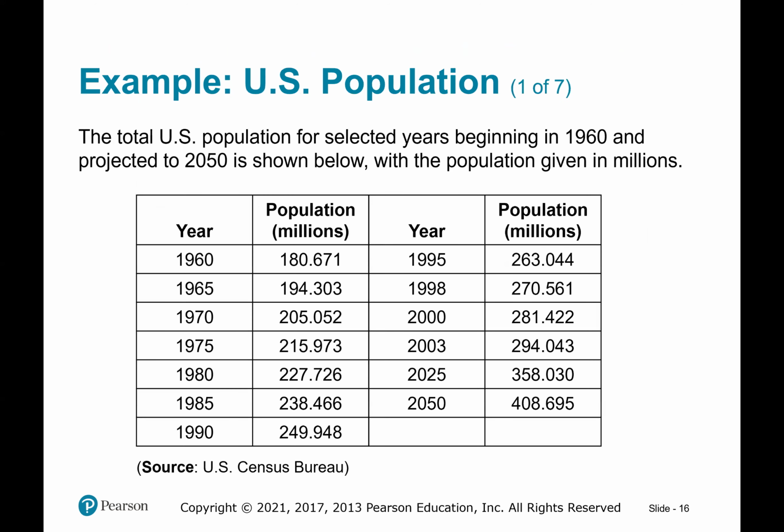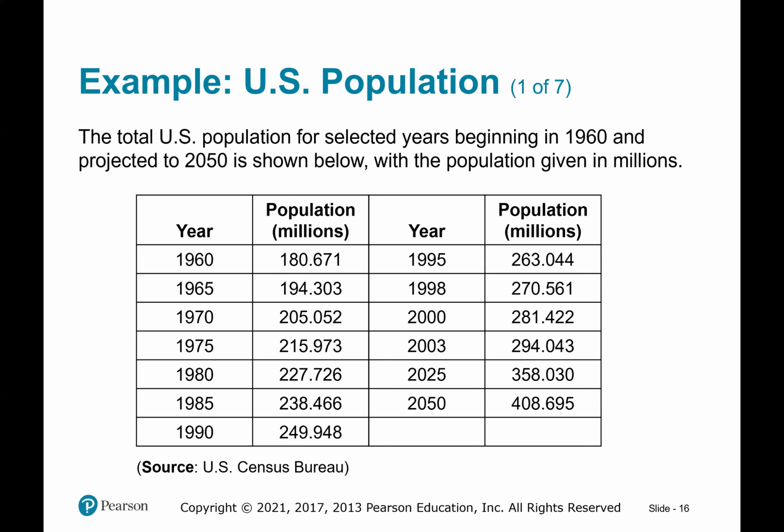Okay, all right, so let's do another one, shall we? Now we're gonna have to clear a bunch of stuff out for this second model. The total US population for selected years beginning in 1960 and projected to 2050 is shown below with the population given in millions. So we want to graph this population data.